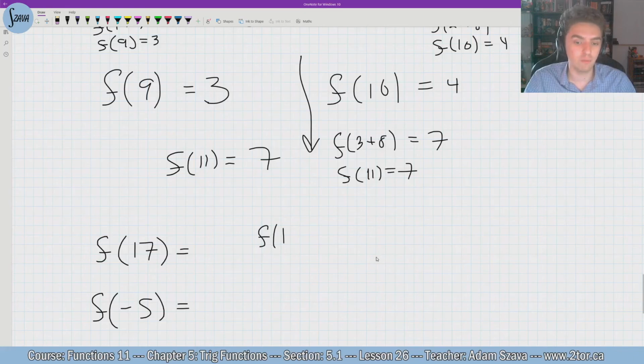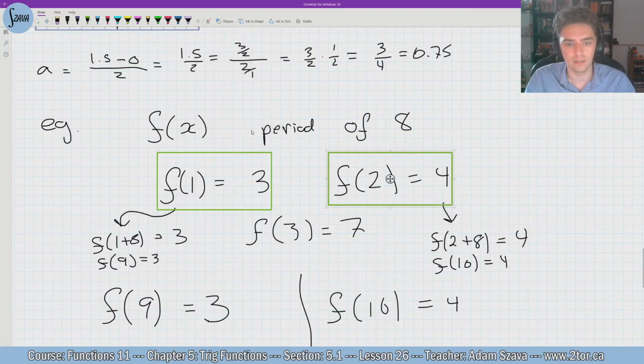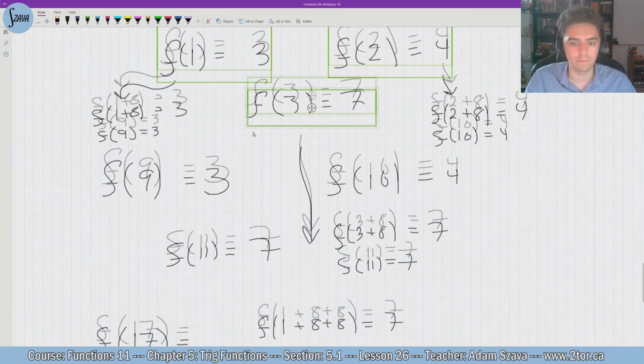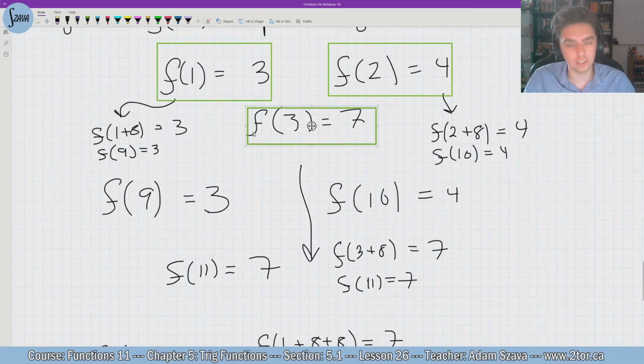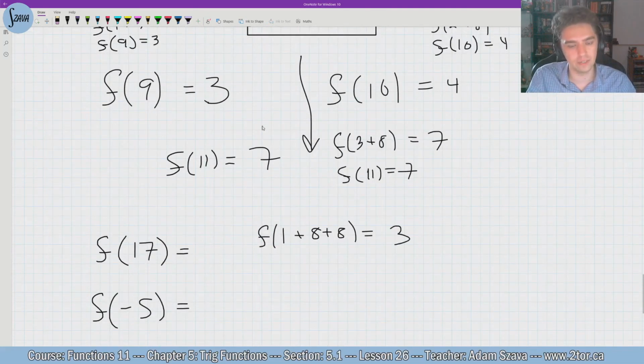So if I take f of 1, add 8, I know that's going to still be 3, right? I know it's still going to be 3 because I know these facts. I'm going to box them just to be completely clear here about what I know, right? So I know f of 1 is 3. So f of 1 plus a period plus another period is still going to be 3, not 7, 3. So f of 17 is 3.